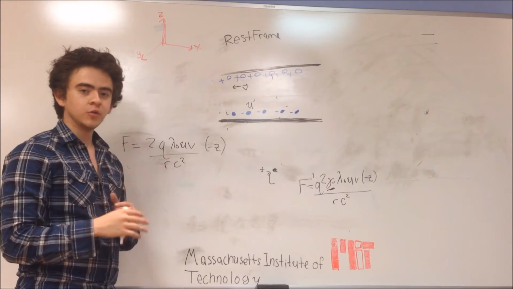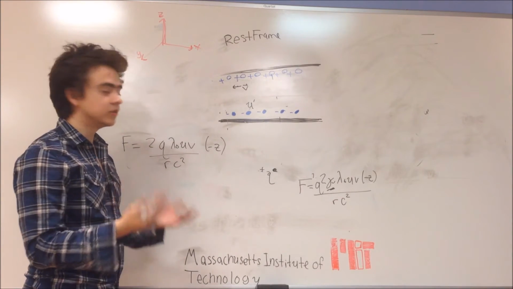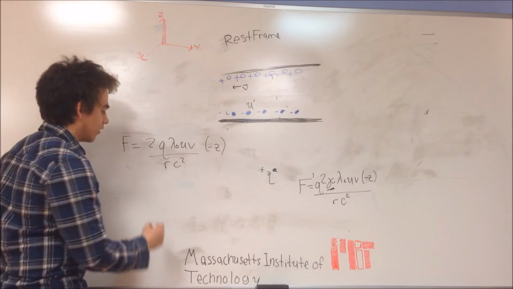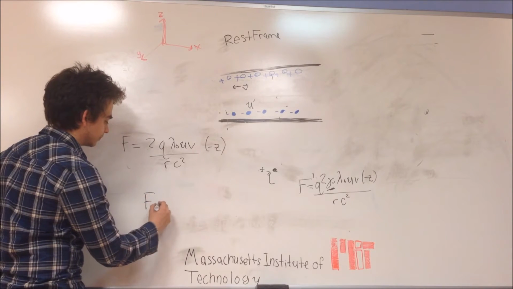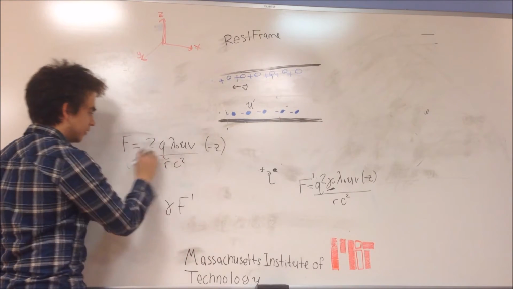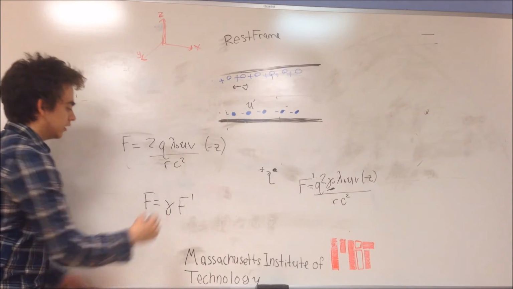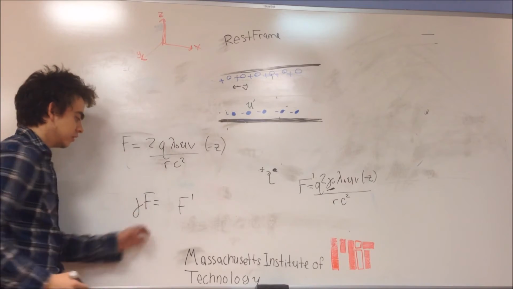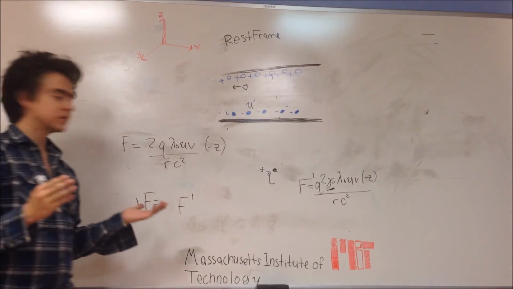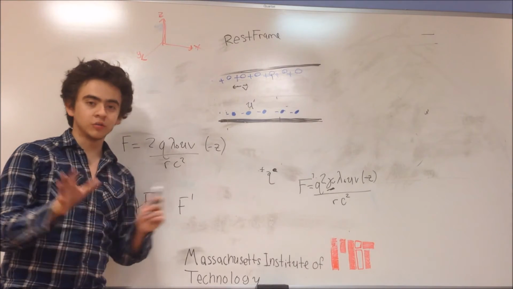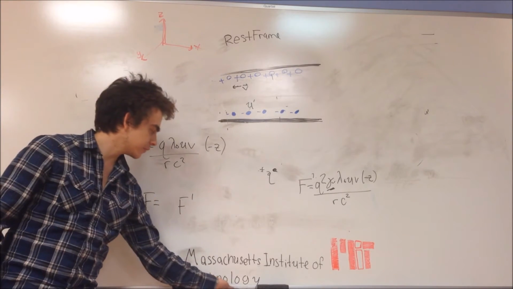So why are they different? Well, as we discussed earlier, under a different reference frame, the prime force is going to be the same as the original force times a factor of gamma. Now, this makes complete sense with the special relativity we covered in the beginning, but we have to think about what's going on here.